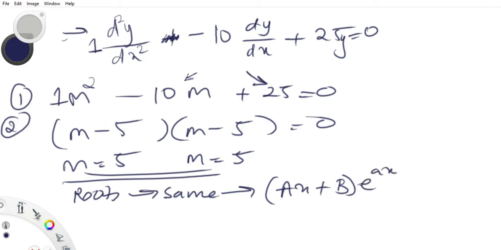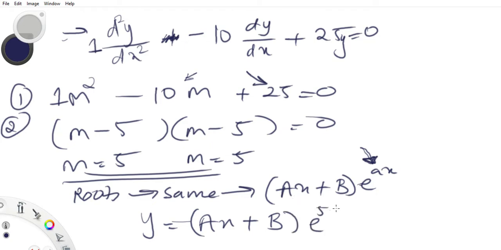Where a, if we just look, this letter here, that small a, is the only thing we'll be changing. So our answer is y equals bracket ax plus b, e to the 5x. Okay, done.